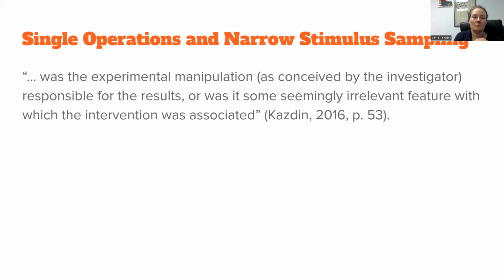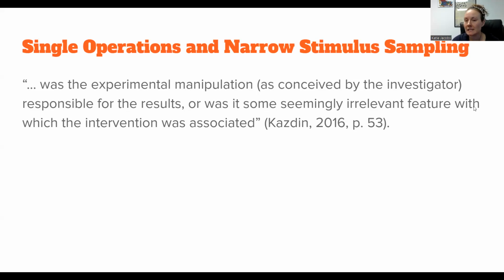Was the experimental manipulation as conceived by the investigator responsible for the results, or was it some seemingly irrelevant feature with which the intervention was associated? So with this one, what's it saying? Like, is it the actual intervention that is getting the results, or is it something like if you have cute packaging and it made someone happy, did the packaging actually cause the changes, or was it the actual intervention?